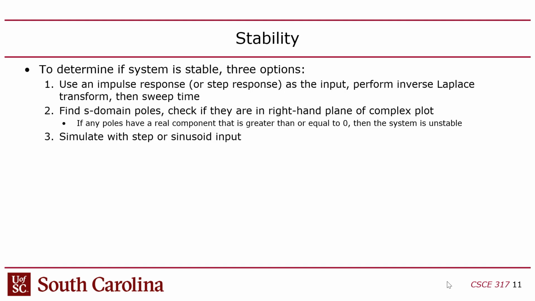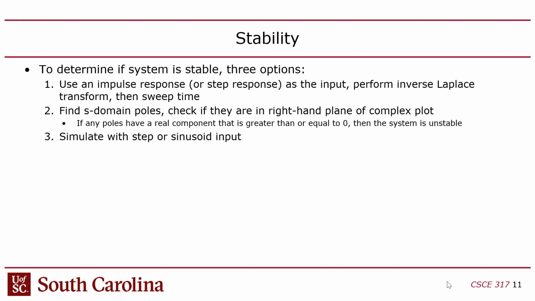But its S-domain representation is, I don't remember, a more complex one. It's not 1, it's like 1 over S or something like that. So it's easier to use the impulse response. Everyone with me? Does that make sense?